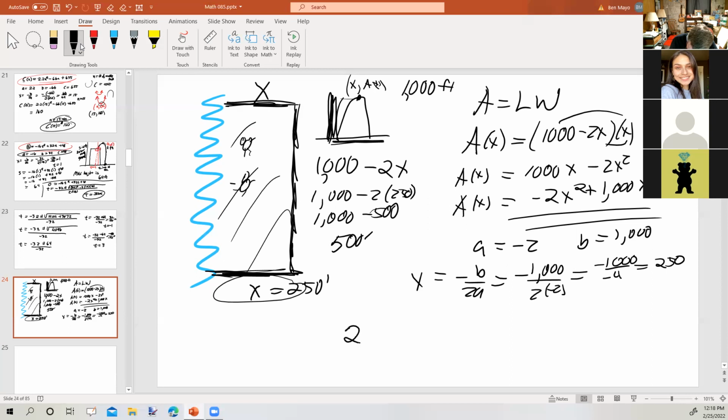So the dimensions would be 250 feet by 500 feet. Okay. Now, it didn't ask in this particular problem, but suppose it asked for that maximum area. Well, that would be A of 250, right? You'd plug that in to find the maximum value, or you could take 250 times 500 and get it that way, either way.